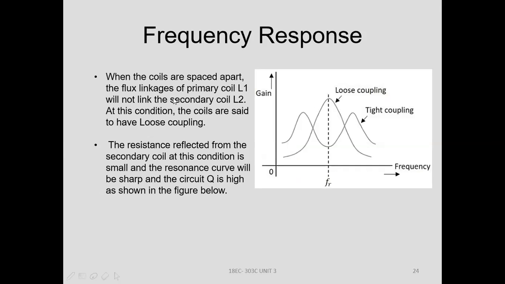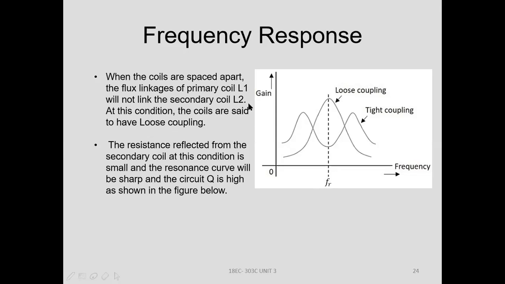See here, when the coils are spaced apart, that means the flux linkage of primary coil L1 and secondary coil L2 is spaced apart, the coils are said to have loose coupling.